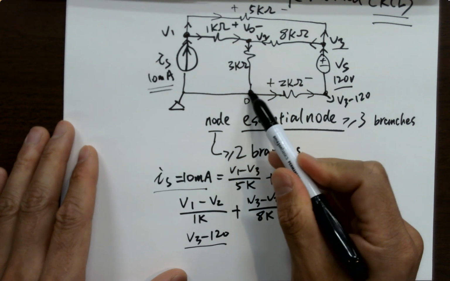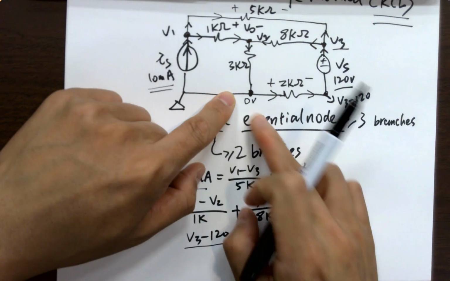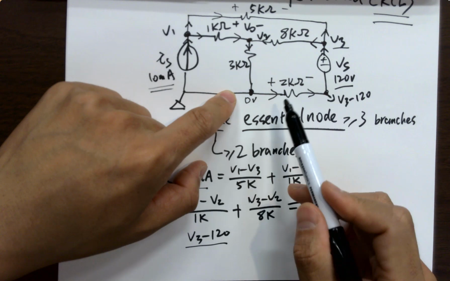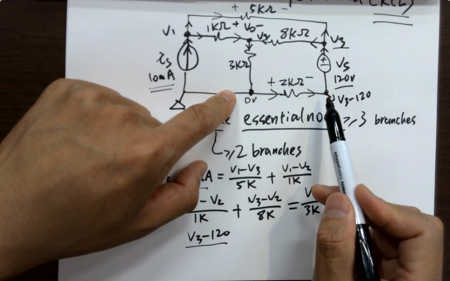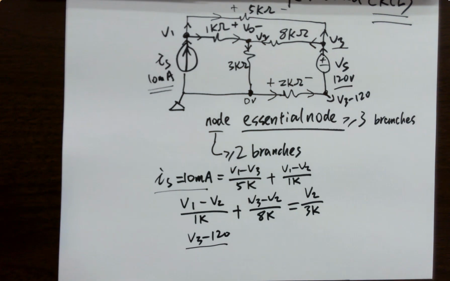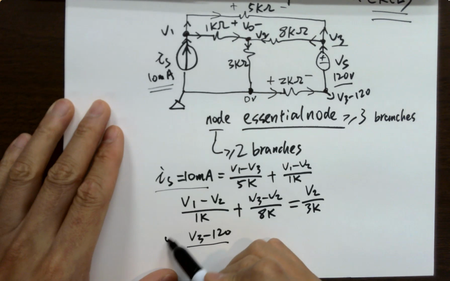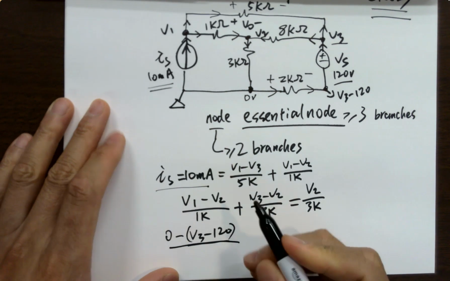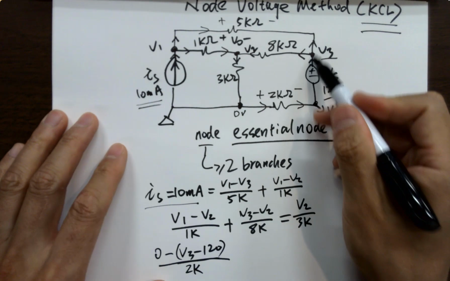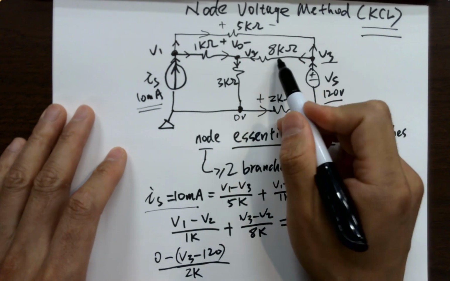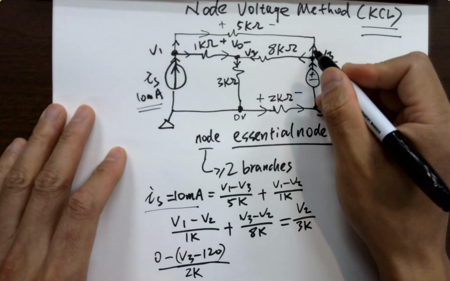This is 0. And I already know the voltages across it. So which subtract which to get a current over 2K flowing to the right? Definitely from left to right, right? Because it's pointing to the right. So that's why I want to use 0 minus this guy and divide it by 2K to get a current flowing up. And then this one is V3, so 1 going in and 2 going out.